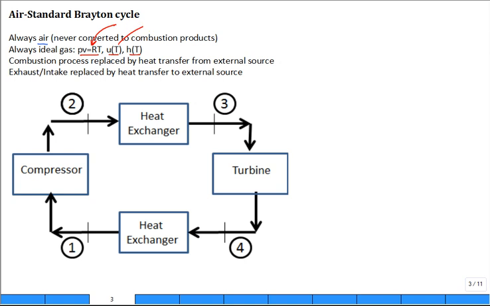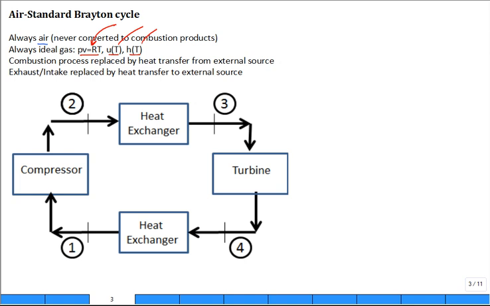Internal energy is a function of temperature only, which at first time you think, why isn't it a function of temperature and pressure like steam or ammonia or refrigerant? It's an ideal gas. And then what's the third thing? The enthalpy is only a function of temperature. It's not a function of temperature and pressure. It's only a function of temperature.